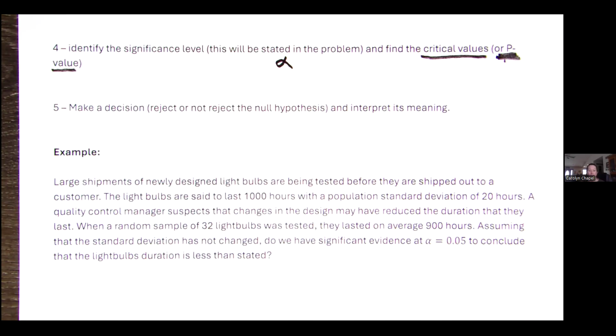So they take a sample of 32 light bulbs and they've lasted 900 hours. So that is some of our pieces from our sample. Assuming that the standard deviation has not changed, do we have significant evidence at alpha equal to 0.05 to conclude that the light bulbs last longer than stated?